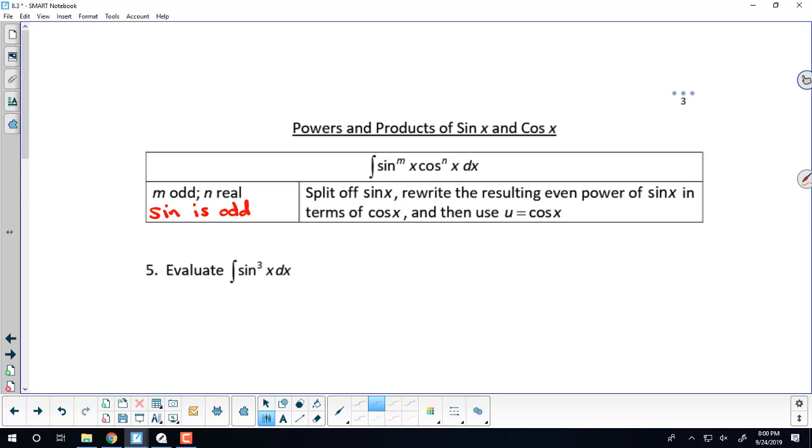But by and large, you want to think in this section, it's just an algebraic technique to get us into a u substitution. That's 95% of these. So the thing that we split off when sine is odd, we're going to put that with our dx, let u equal cosine, and then write the other remaining powers of sine using the Pythagorean identities.